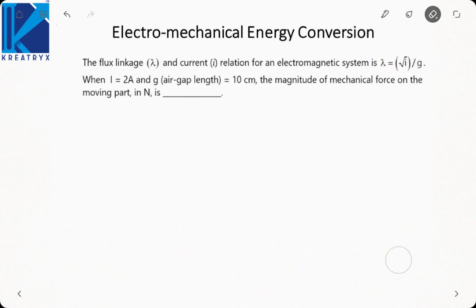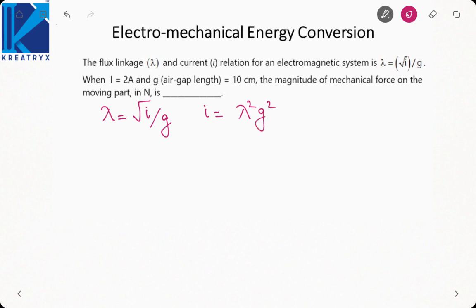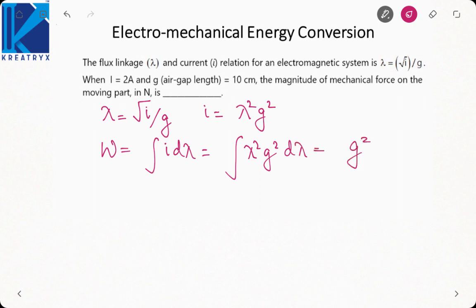Now let us take a look at the problem that was asked. Here lambda is given as under root i by g, which means i is equal to lambda square g square. For finding the energy, first we have to calculate the work done or energy stored. That is the integral of i d lambda, which is lambda square g square d lambda, which means g square lambda cube by 3.